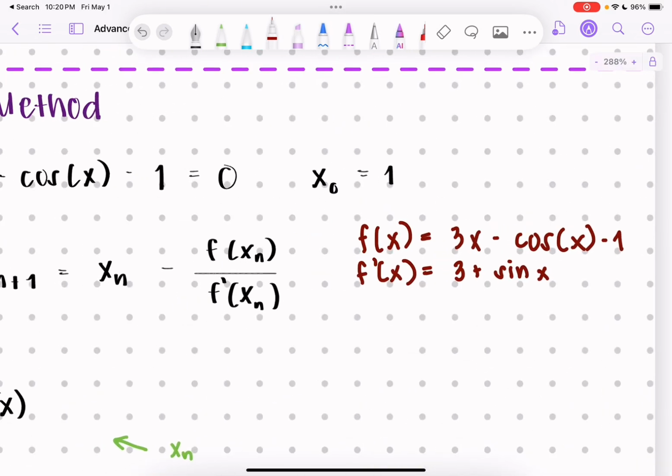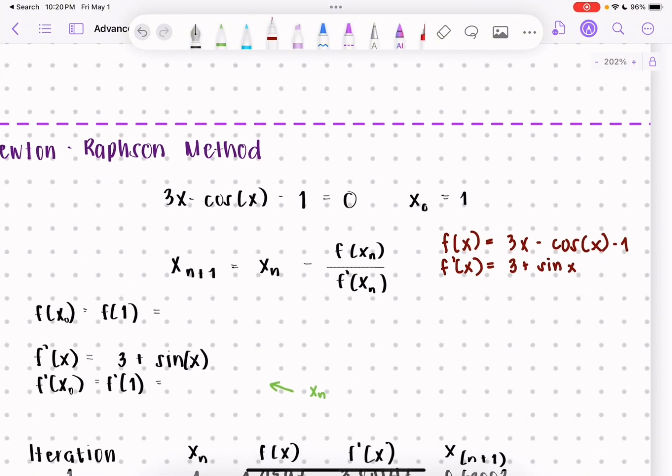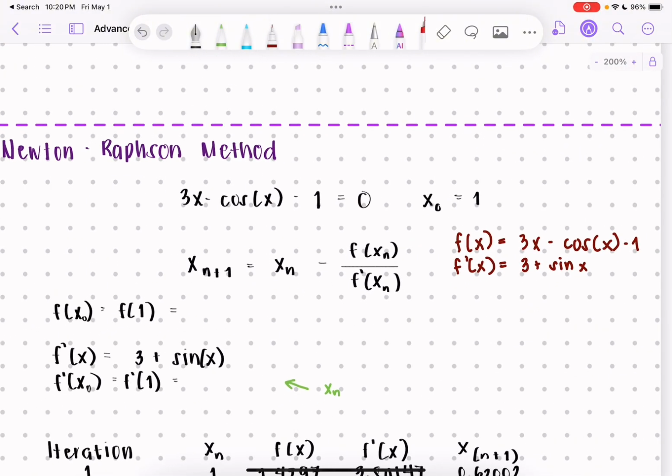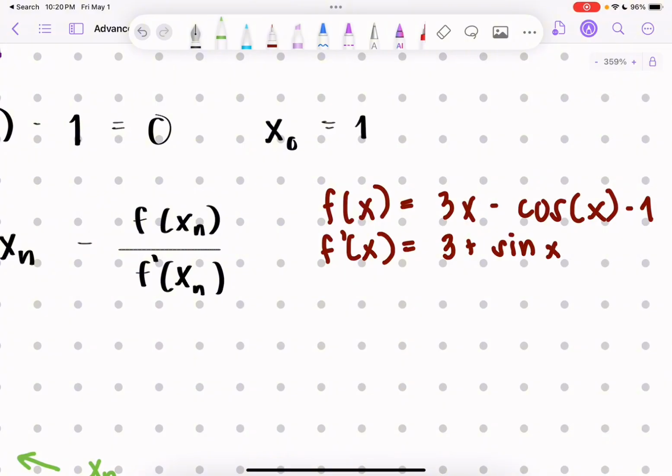So now that we have this, we're just going to substitute the value of 1, which is our x sub 0, to this equation and to this equation. Substituting 1 to f of x, that would be 3 times 1 minus cosine of 1 minus 1.